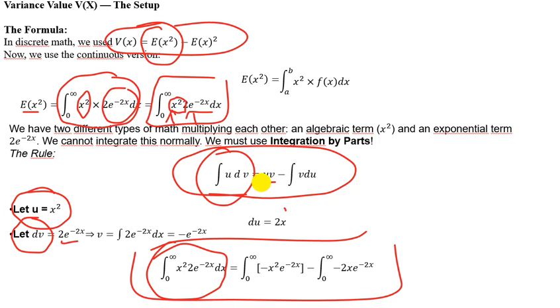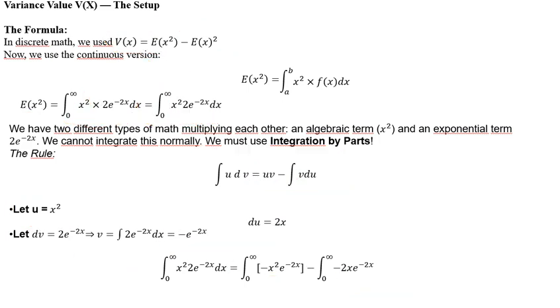Our u is x squared times v, which is minus e^(-2x), minus the integral of v times the derivative of u. The derivative of u is 2x here, so it is 2 times v, which is minus e^(-2x), so it becomes minus 2x e^(-2x).